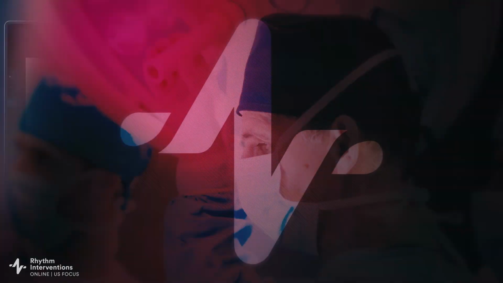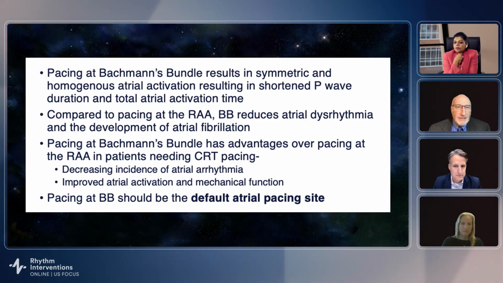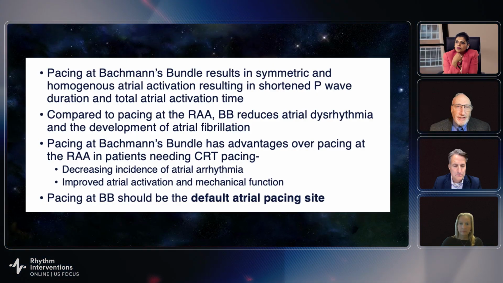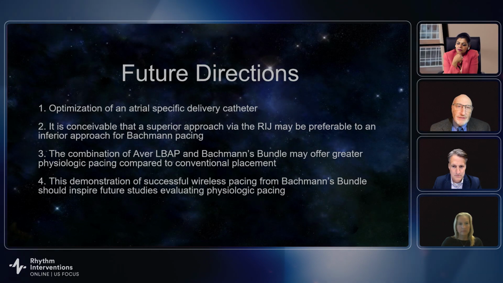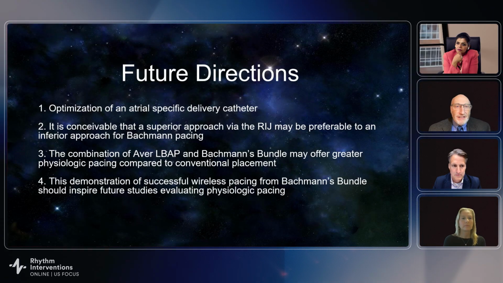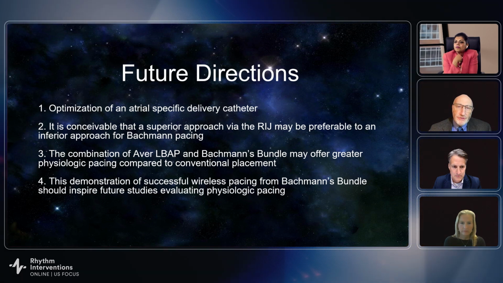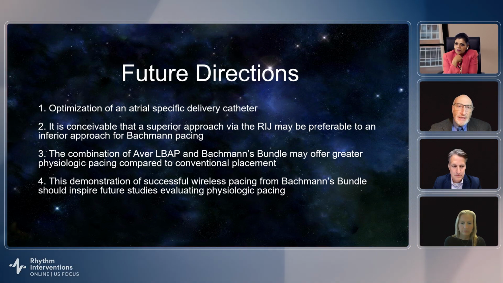Number two, and I would ask the panel's input on this, I know that some of the implanters are using the right IJ, and as people are looking towards left bundle area pacing, that might be a preferable way to do it, although I think the curve will be tighter, so I'm not sure about the torque transmission.